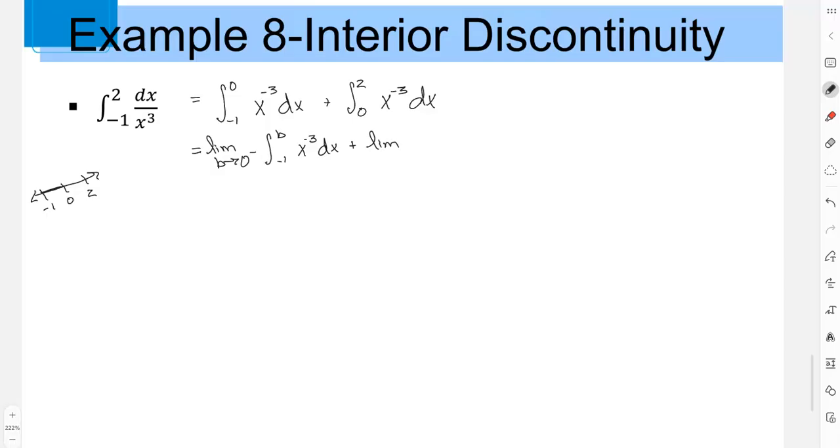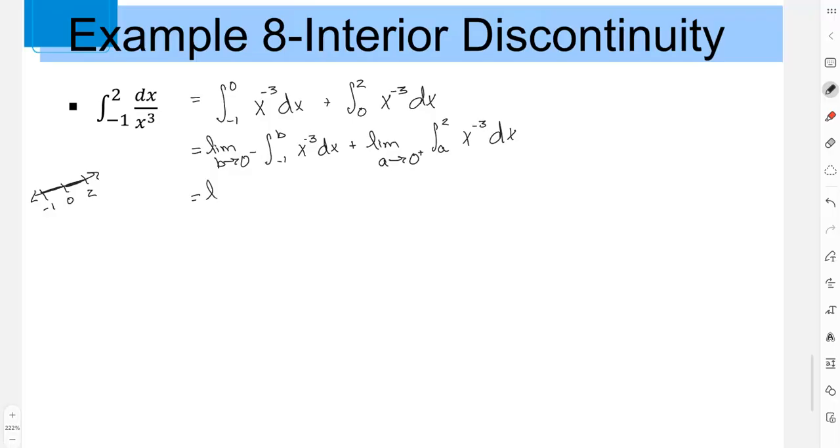And then this guy, I'll call it a. I'm looking at that interval now from 0 to 2. I'm approaching 0 from the right-hand side. This would be a to 2, x to the negative 3 dx.